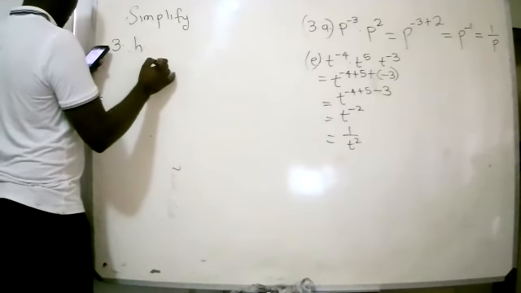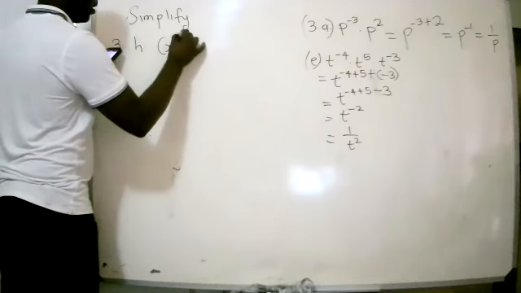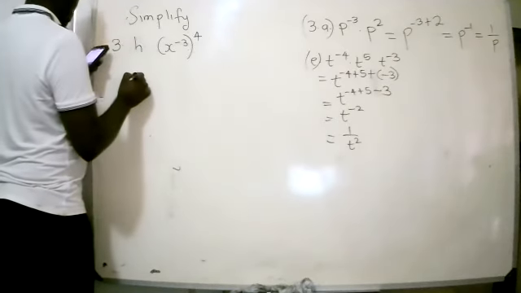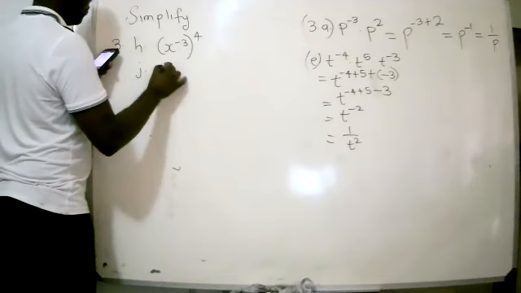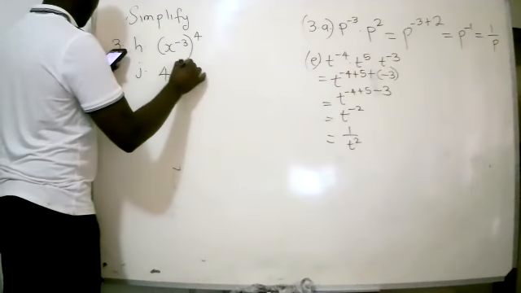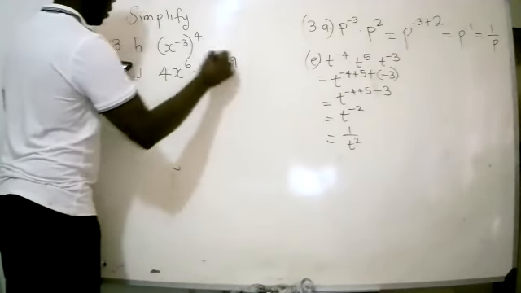We start on the first one. Question number H is x to the negative 3, x to the 4. And then question number J is 4x to the power of 6 multiplied by 2x to the negative 9.